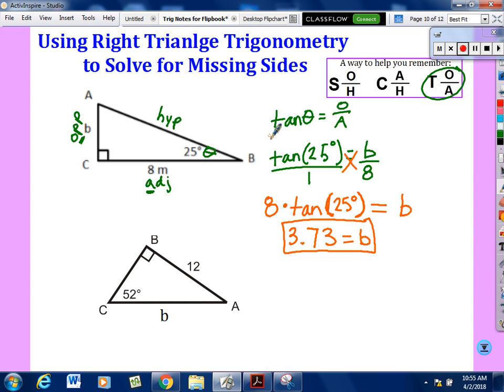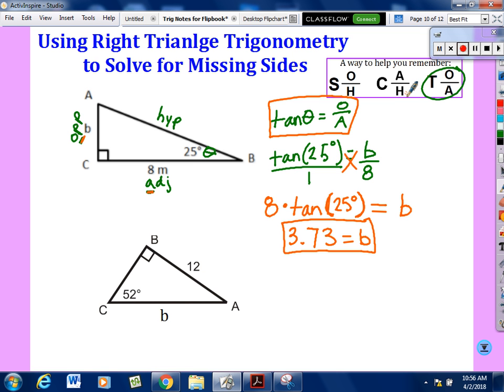And again, I chose tangent for this one because I was given adjacent and I wanted to find the opposite. We did not need to involve the hypotenuse, which therefore eliminated sine and cosine.